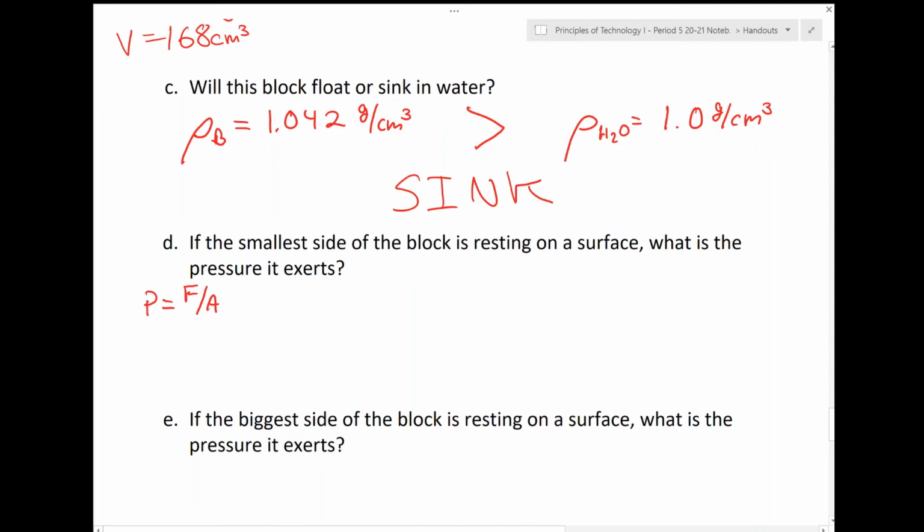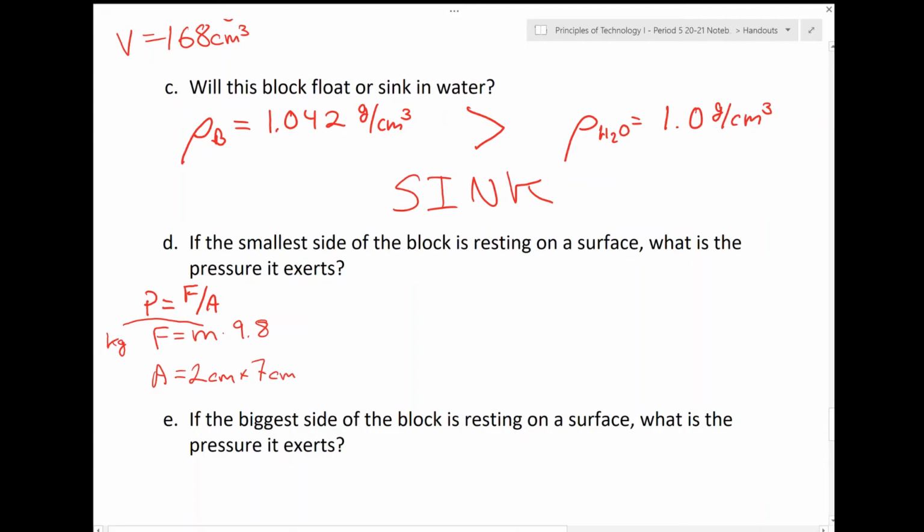So the force that this block is exerting is equal to the mass of the block times 9.8, except that mass has to be in kilograms. And we also need to find the area of the smallest side, which is equal to its length times its width. So in this case, that's going to be 2 centimeters by 7 centimeters.